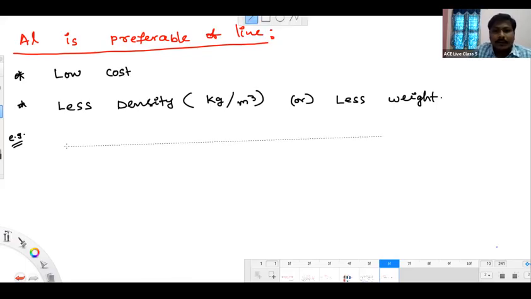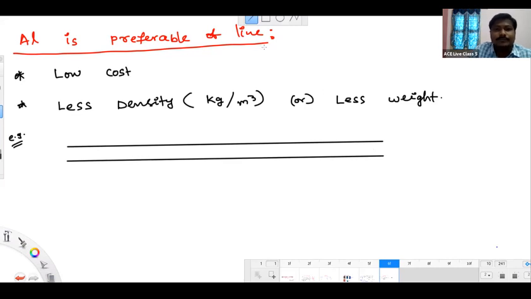For example, I have a conductor something like this, having some length. So this is one conductor we have, made by any material, doesn't matter. It is carrying current in this direction, let's say I. Length of the conductor is L, and this conductor is made by a material with resistivity rho.